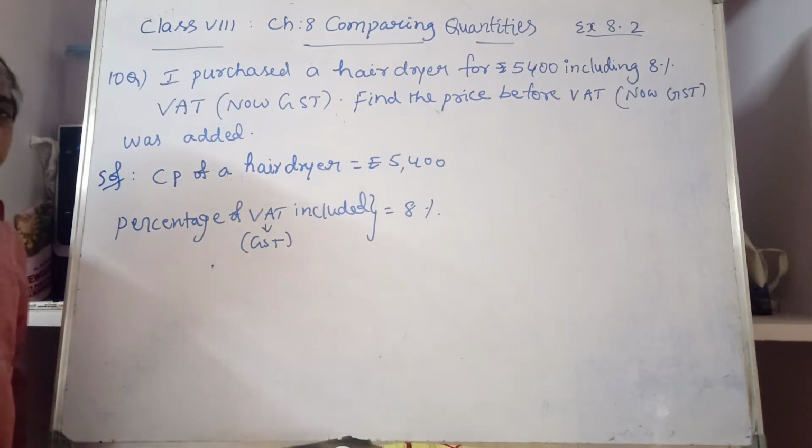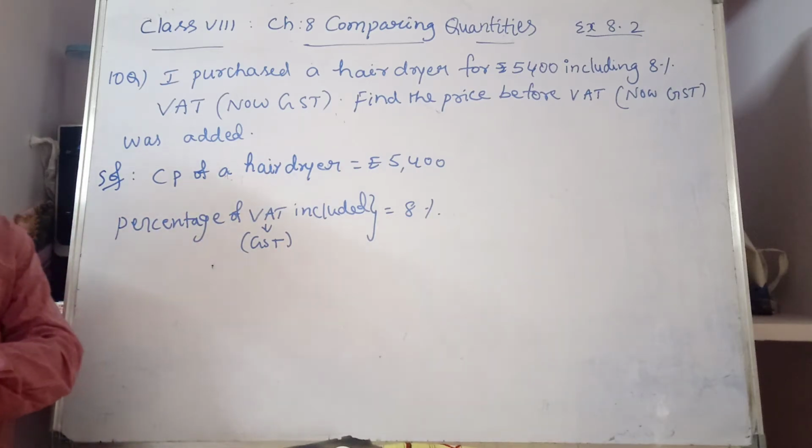Extra means, suppose you have 100%, 100% is the cost price. Then 8% extra. What is the percentage? 108.